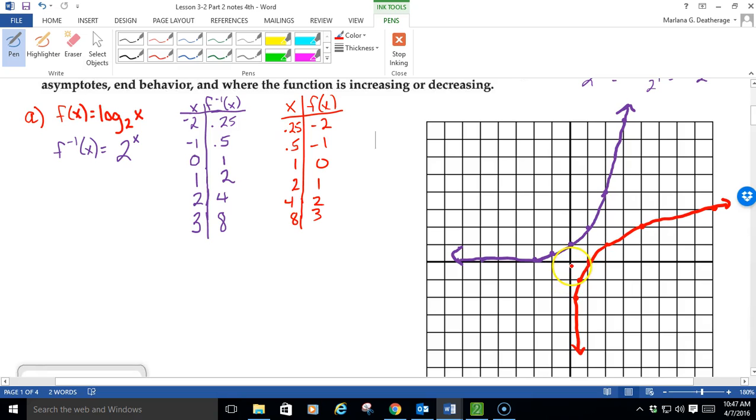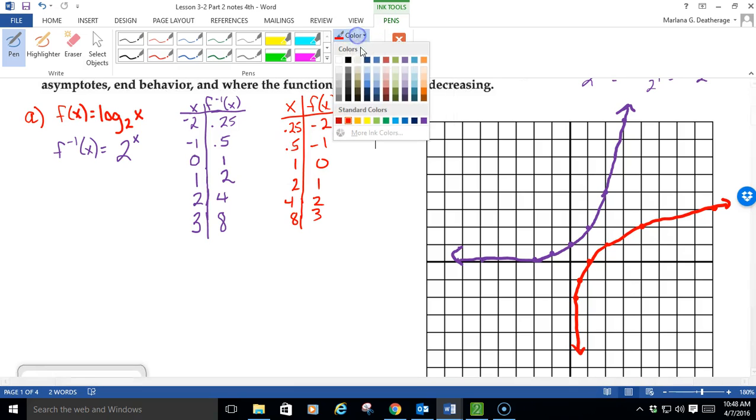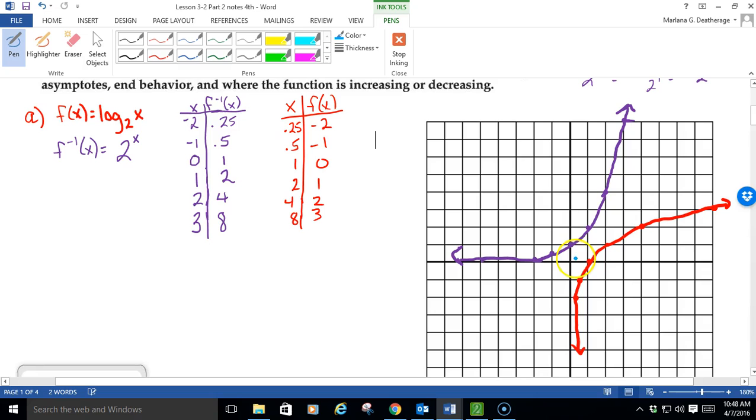So inverse functions, if you graph them, they should reflect over y equals x. And y equals x is that basic or parent linear function where the y is equal to the x. So if x is 1, y is 1, and so on. Anyway, you get the idea. Okay, does it look like it reflects over that? Okay, now we're going to analyze this and tell all those characteristics that are listed.